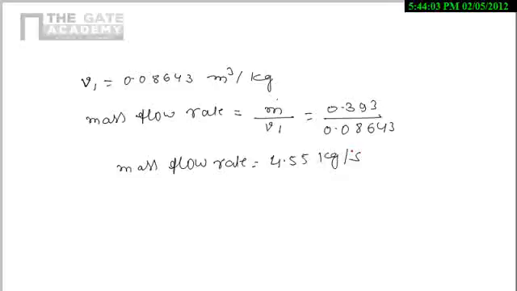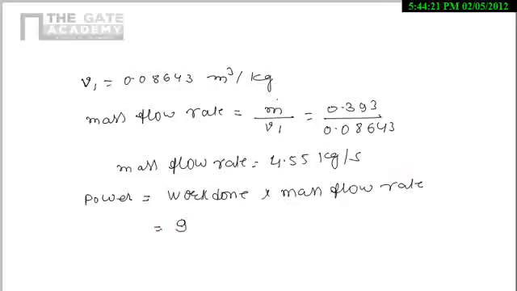So now we are interested in power. So easily we can find out power. Power is nothing but work done into mass flow rate. So we are having the work done, that is 903.4 kilojoule per kg, and we are having the mass flow rate, that is 4.55 kilogram per second.